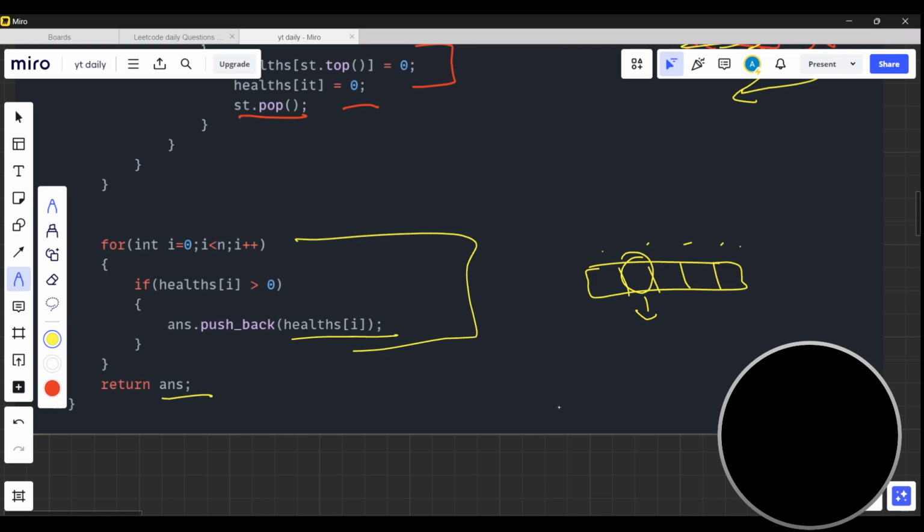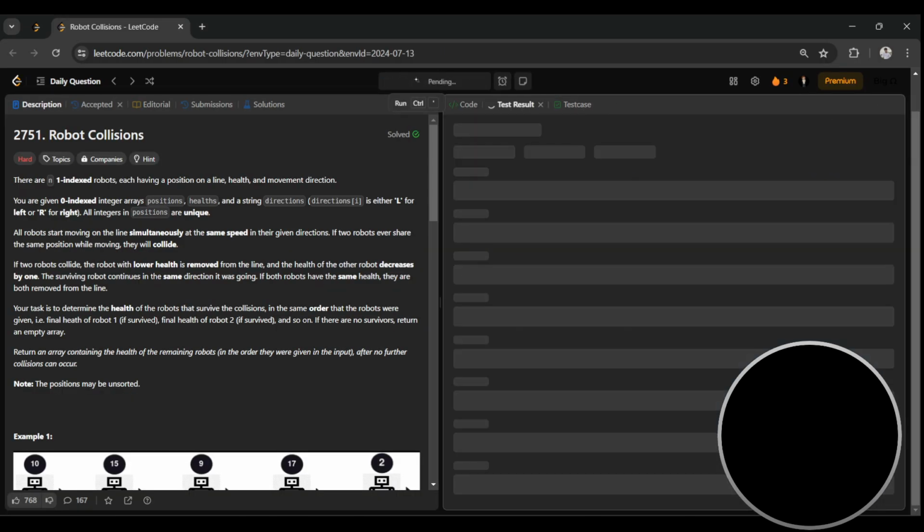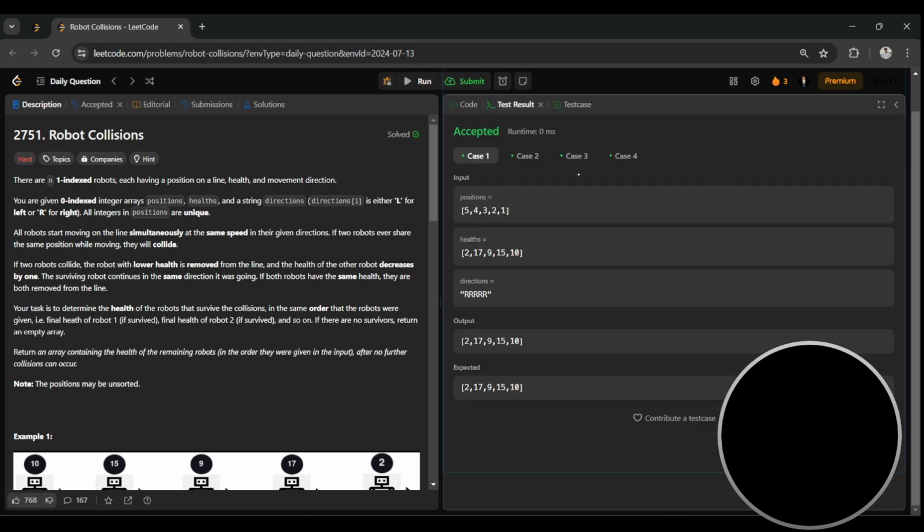You can see I've written the same code here. After running, I get all positive answers and I can also submit this.